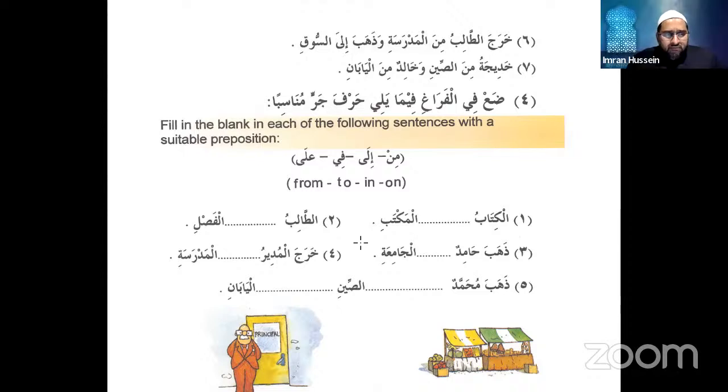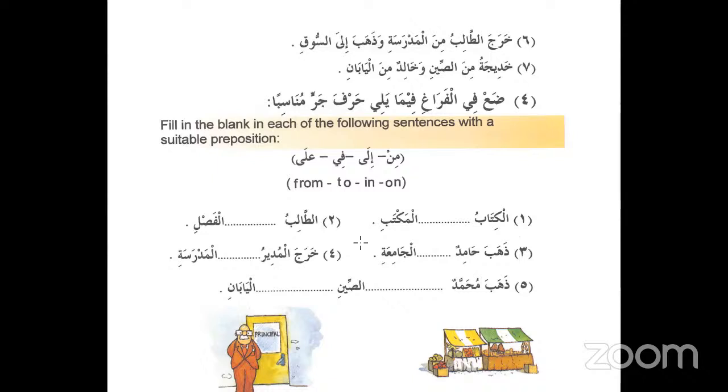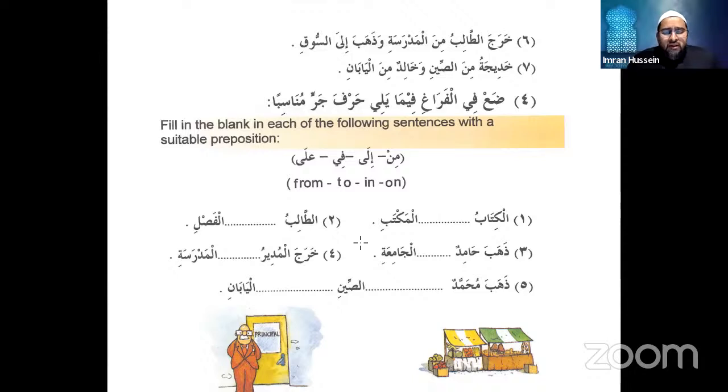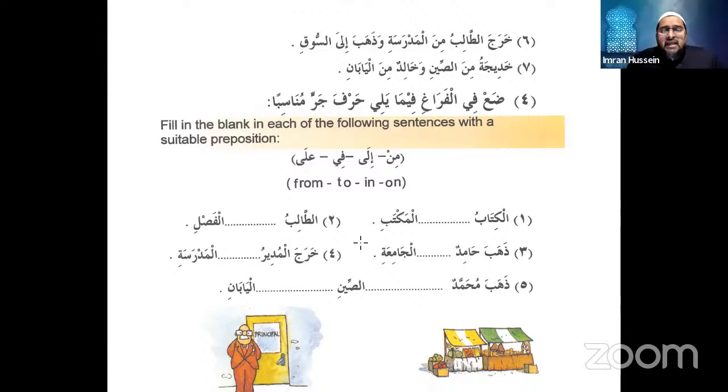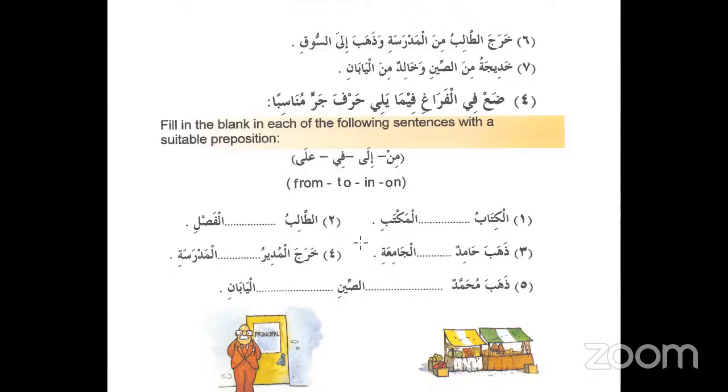Correct. The student is in the room. Number 3. Dhahaba Hamidun ila al-jami'ati. Ila, not fi. Correct.